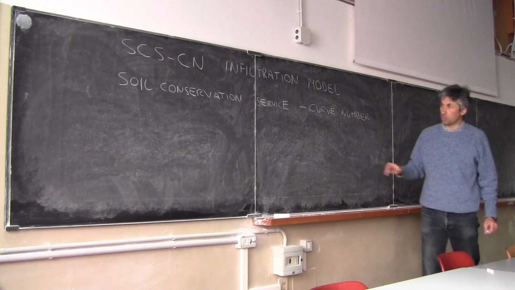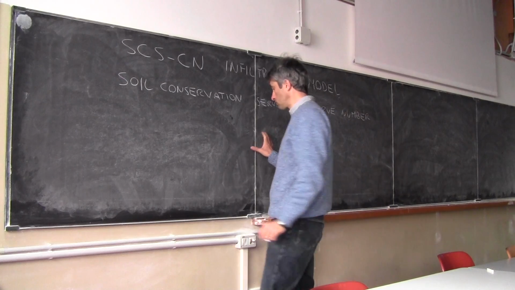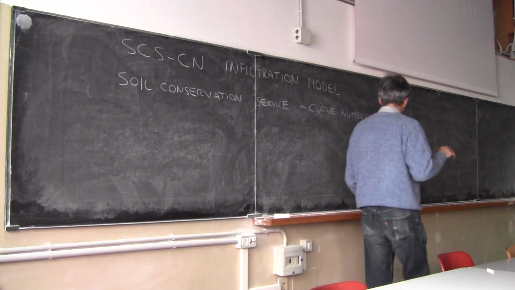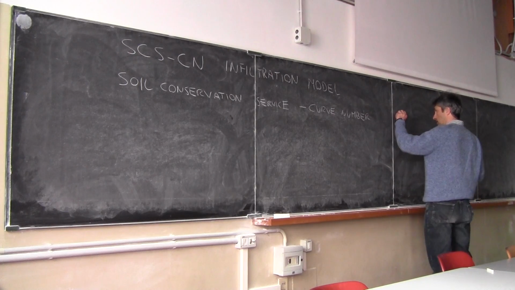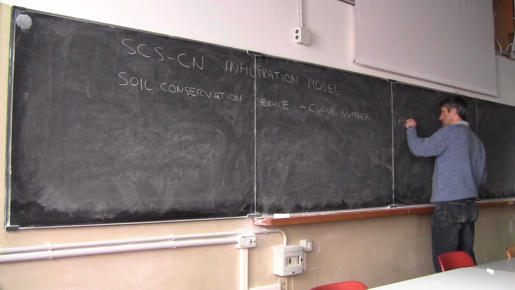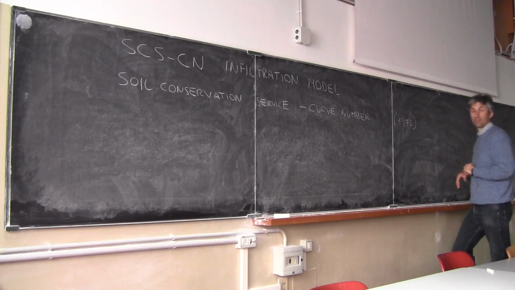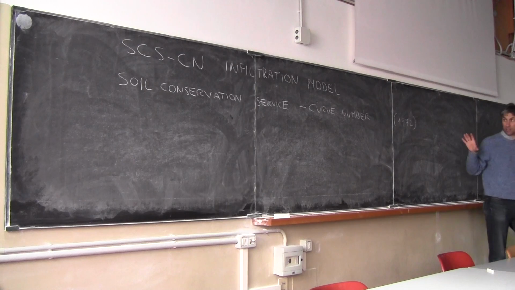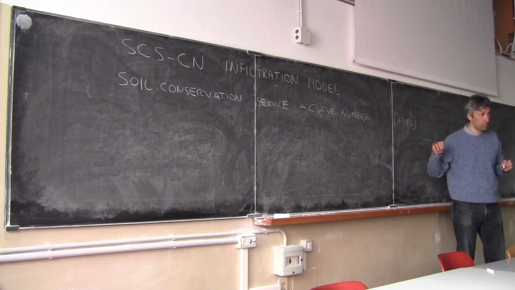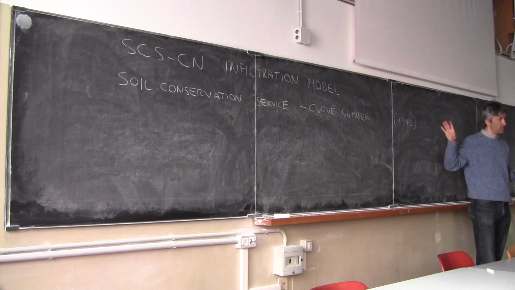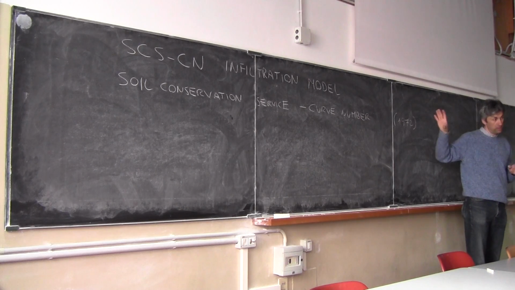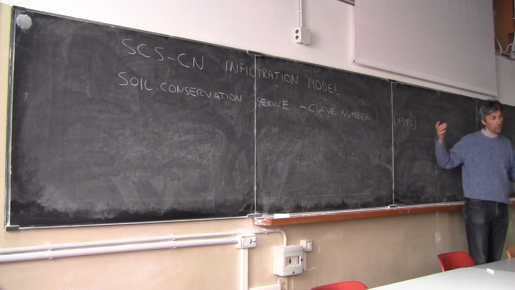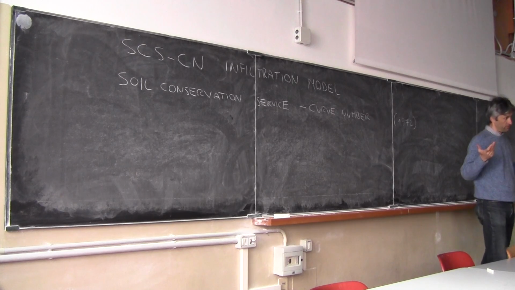The model was proposed first in 1972 with reference to the United States, because it's an empirical model, and empirical coefficients are embedded in the model, and values for these coefficients were given with reference to the United States.